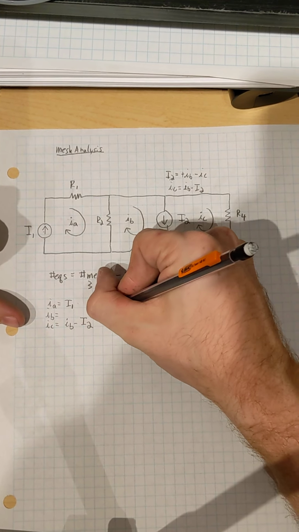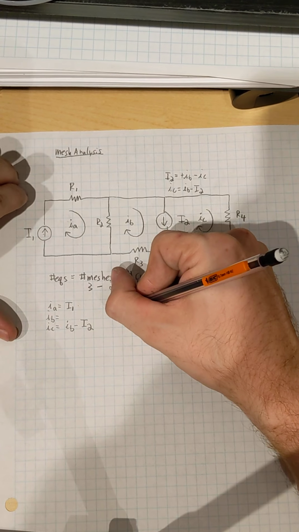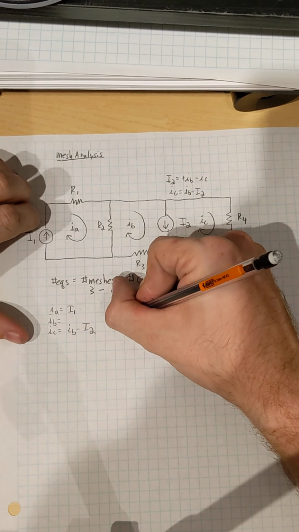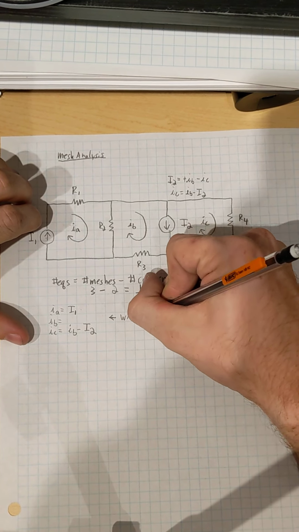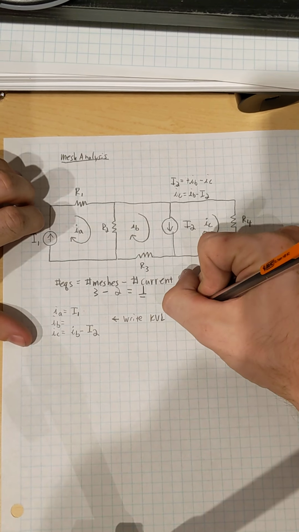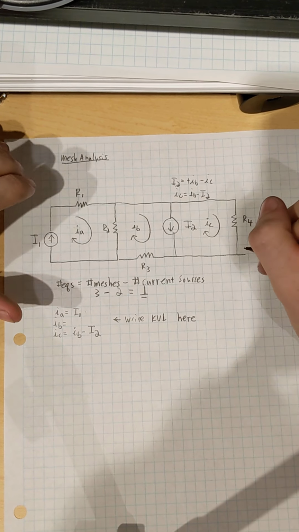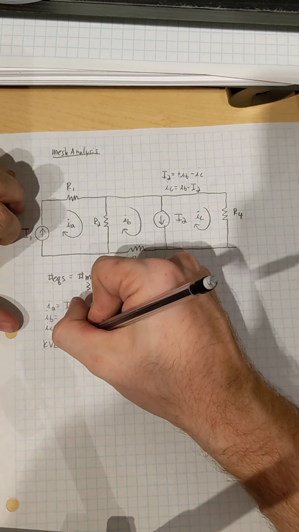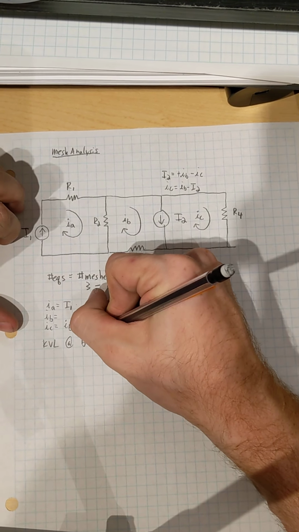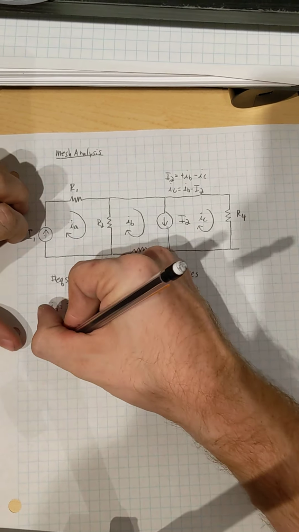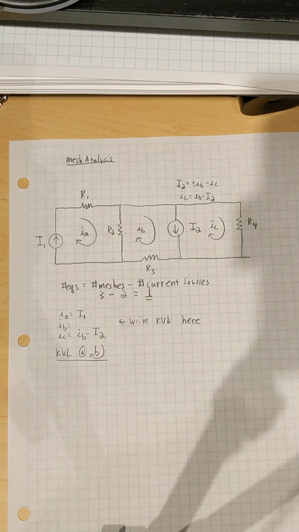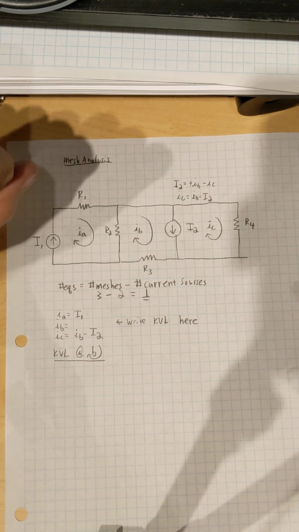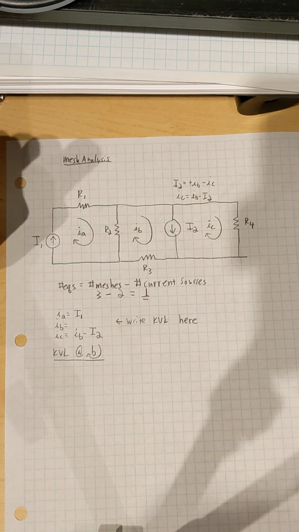And right here, this is where we'll write our KVL equation, our Kirchhoff voltage law equation. So now we'll do KVL at B, and I usually like to write this title just to bookkeep where I'm writing my mesh currents. I also know the direction that I'm writing my mesh currents in.